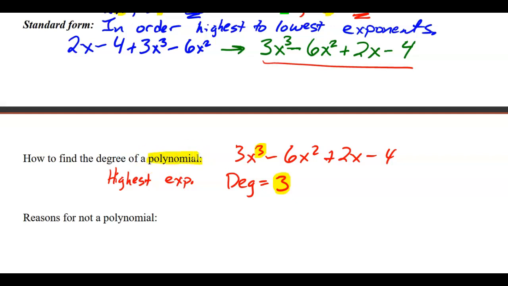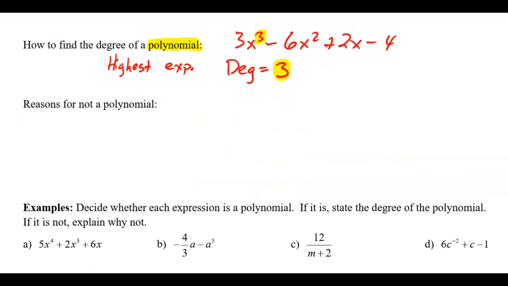So remember, our rules are, has to have whole number exponents, no variables in the denominators, no radical variables. So reasons for not a polynomial is what I just said.